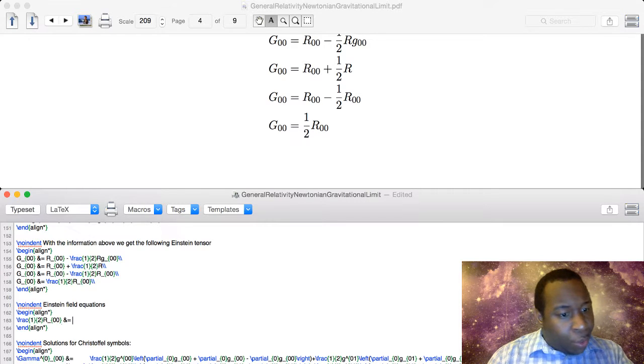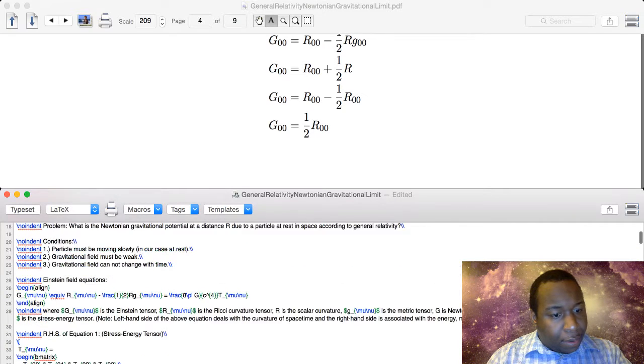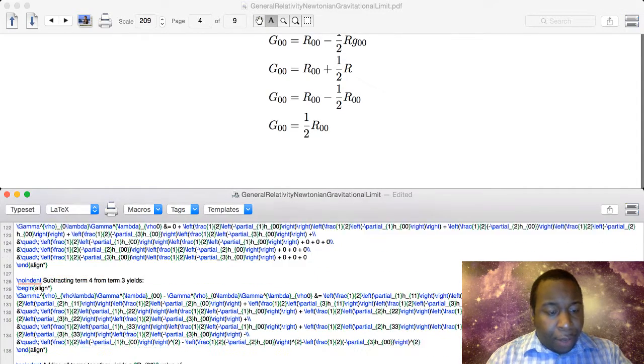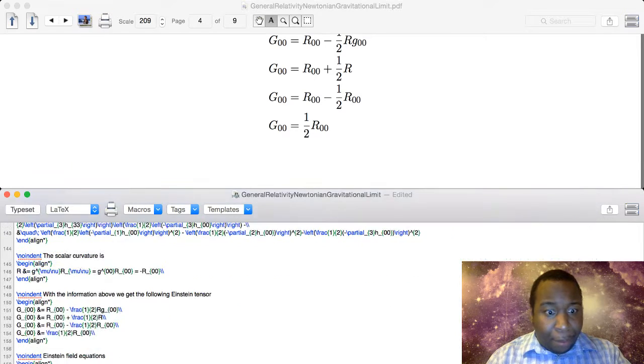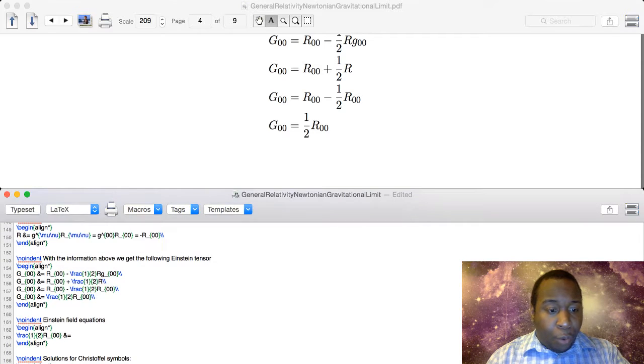and I'm just going to do a quick copy and paste. Now, of course, you can get this result that I'm about to put on the screen in a few seconds without actually even solving for what any of the elements of the Ricci curvature tensor are.